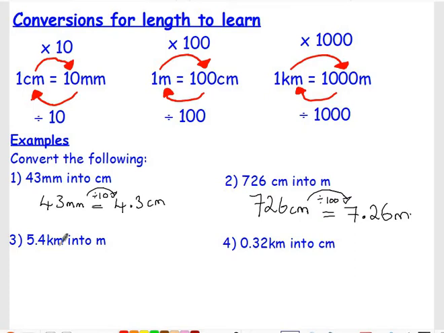Next one then, 5.4 kilometres into metres. Well, we know for kilometres to metres we're using this conversion here. 1 kilometre is 1,000 metres, so we need to times by 1,000.